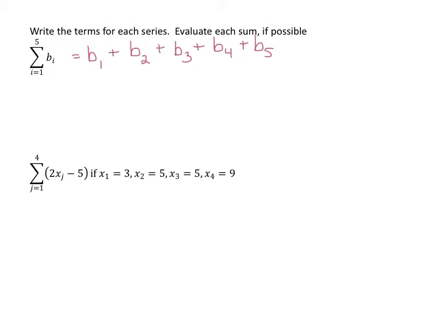But let's take a look at the next one. We're going to start at j equals 1 to 4. And we're going to look at 2x sub j minus 5. Now, we've been told that x sub 1 is 3, x sub 2 is 5, x sub 3 is also 5, and x sub 4 is 9. That can't be right. x sub 3 is actually 7. So when j is 1, we have 2 times x sub 1, which is 3, minus 5.